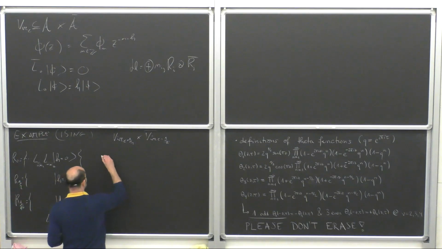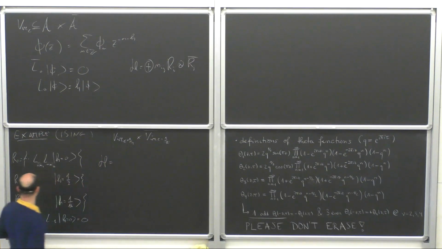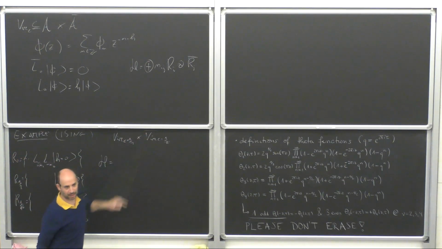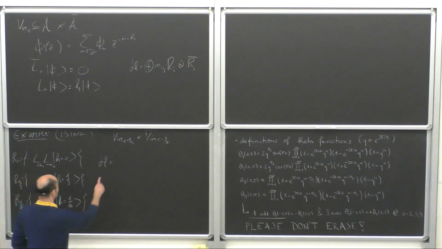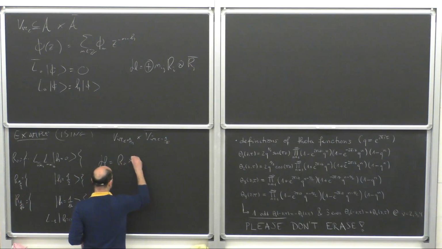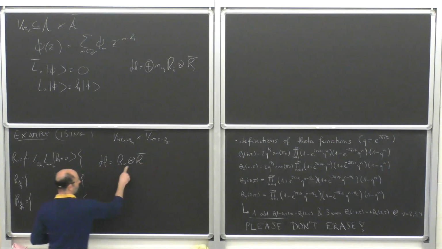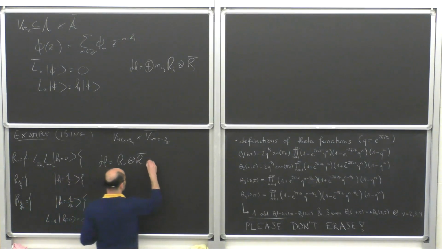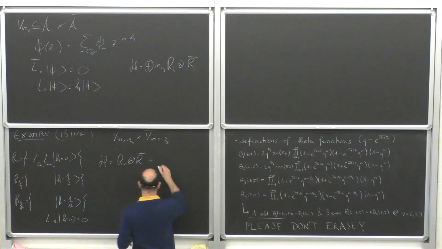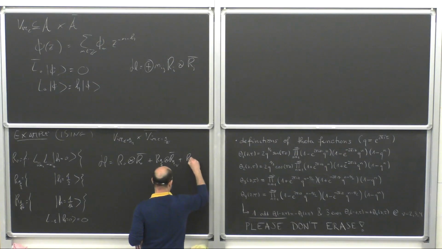And then the Hilbert space decomposes into a tensor product of one representation of Virasoro and the other representation of Virasoro. The way it decomposes is that I take the tensor product of two h equals 0, then the tensor product of two h equals 1/2, and then the tensor product of two h equals 1/16. And this is our theory.